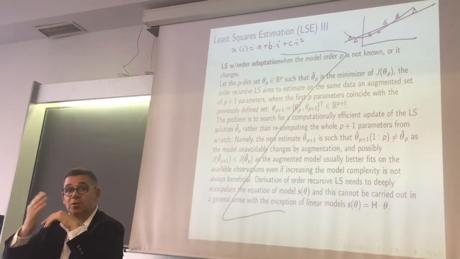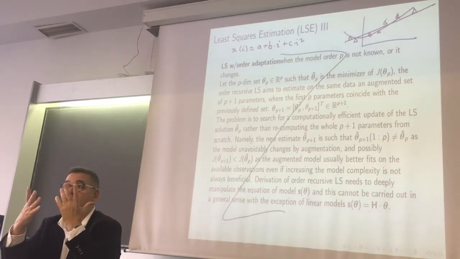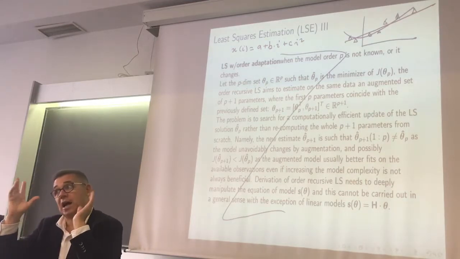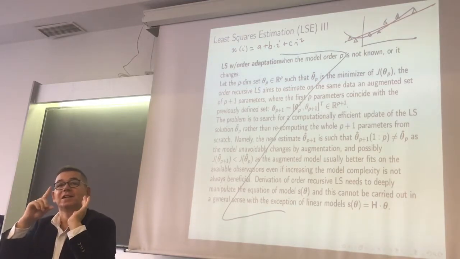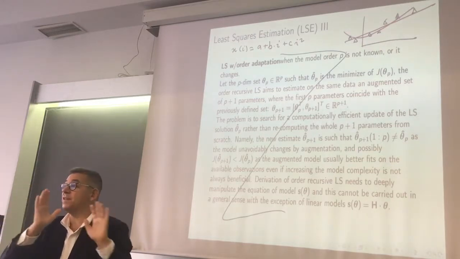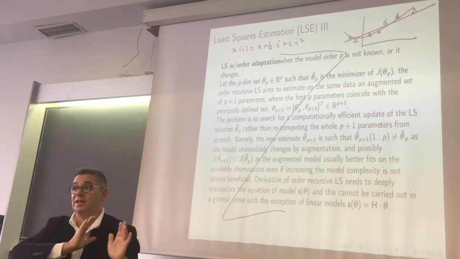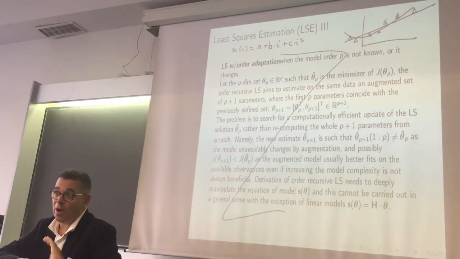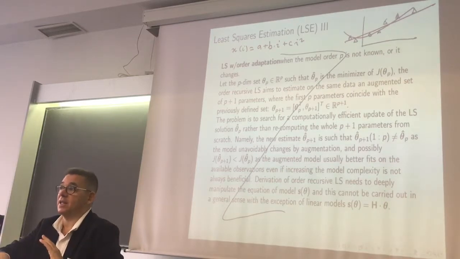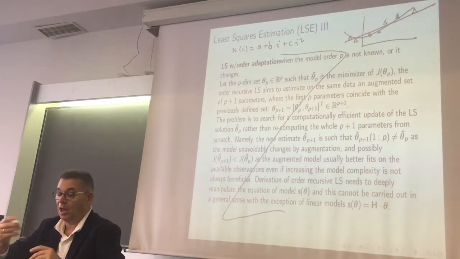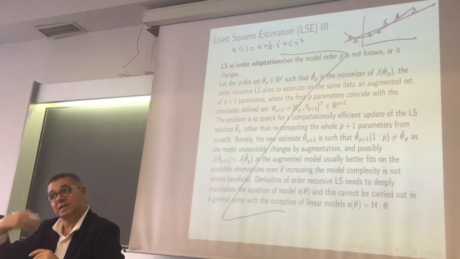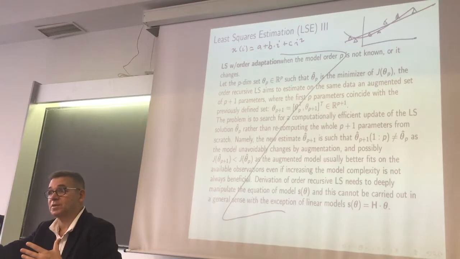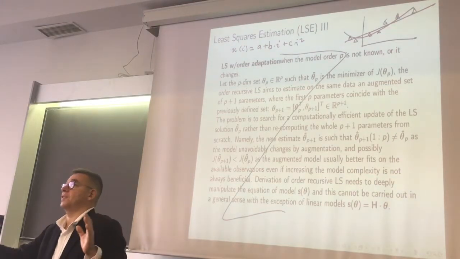So when I augment the number of parameters to estimate by 1, I would like to estimate the additional parameter by benefiting from all the estimates that I did with the first 15 samples. Now, the way to make this least square estimate is by increasing the order and adapting it, going from 1 to 2 to 3 and so on, without recomputing everything.